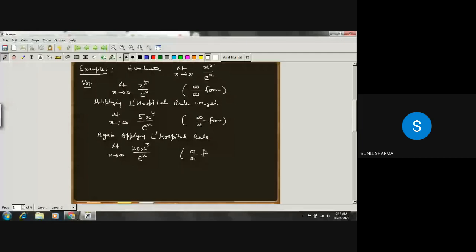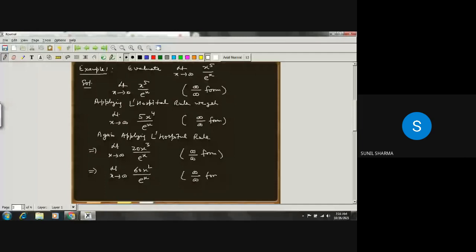So what do we do next? What is the next step? Again applying L'Hopital. Yes. So limit x goes to infinity, it is 60x square. Again differentiate. So it is again in the form of infinite by infinite.